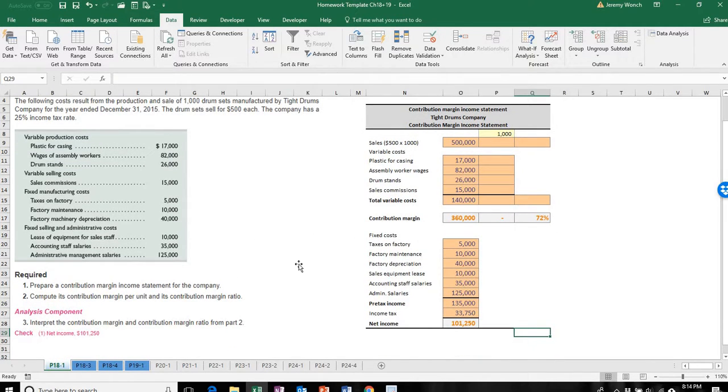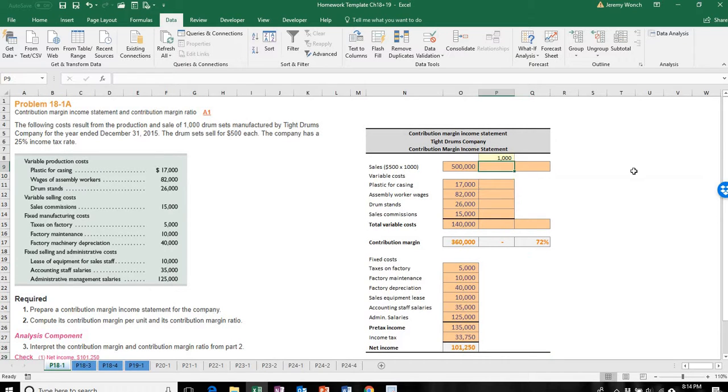It also wants us to calculate a cost per unit. So we can just do our sales divided by our units, and we'll do that for each one of the costs here.